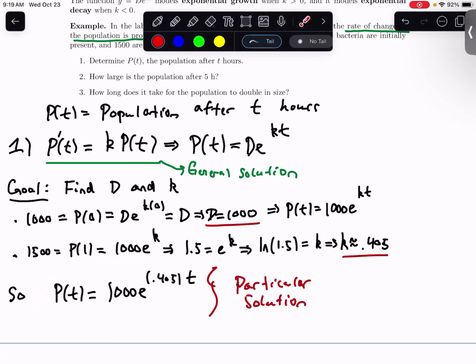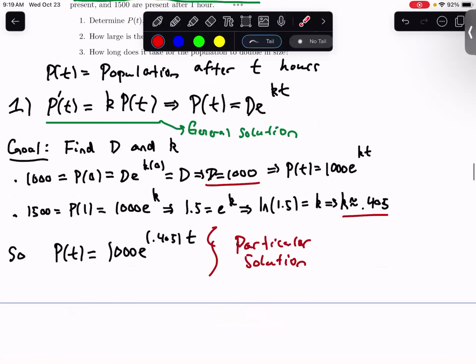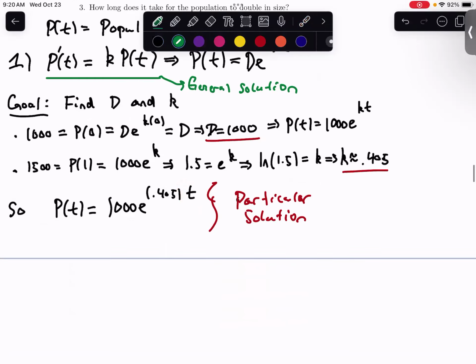Okay, and so now that we know what the particular solution is, the second part of the problem asks you to determine how large the population is after 5 hours. So all you have to do now is plug in t is equal to 5. When you plug in t is equal to 5, you just get a number, right? And that'll tell you the population after 5 hours.